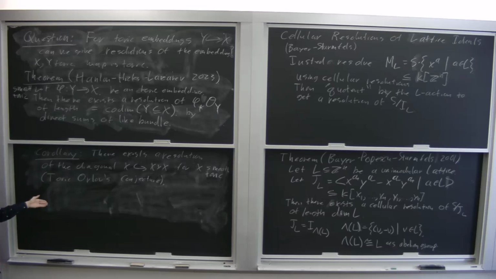And the way you measure how complicated is how many steps it takes to generate an object, which is morally the length of a resolution. But technically, in their setting, they're allowed to do things that aren't compatible with being an actual resolution. They can take monads, they can do summands, they can do other things that we don't necessarily want to do in the context of syzygies and resolutions. Right? Okay.